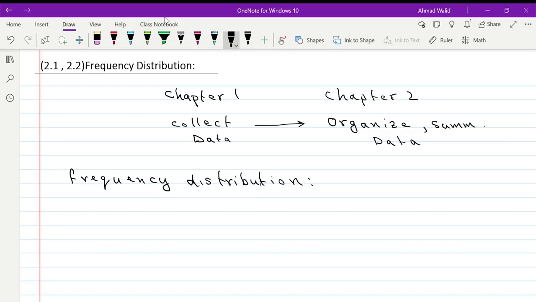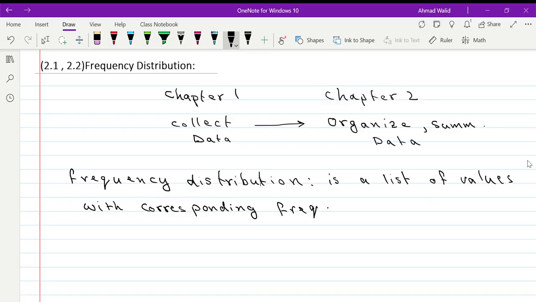Frequency distribution is a list of values with corresponding frequencies.